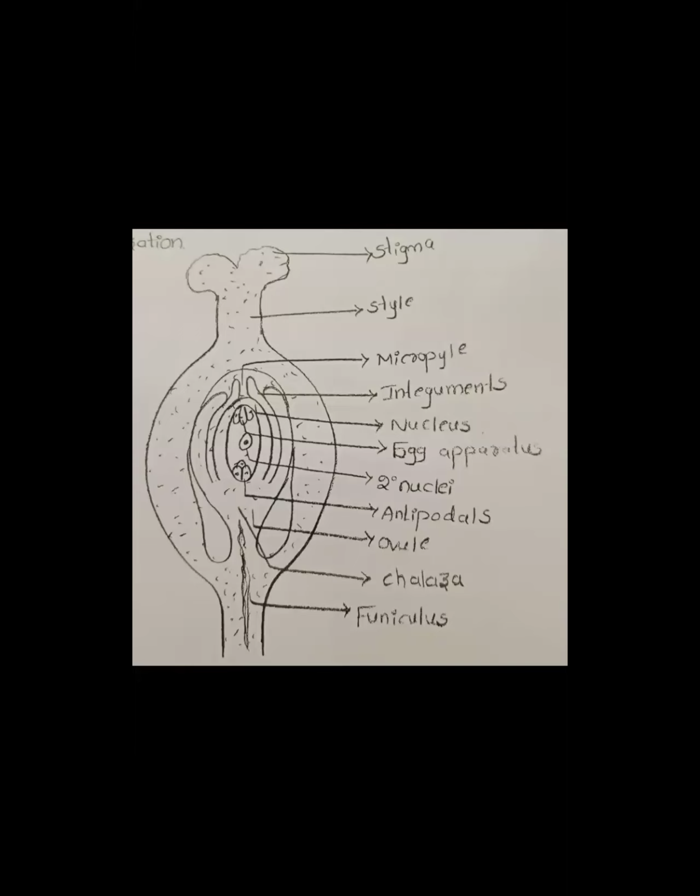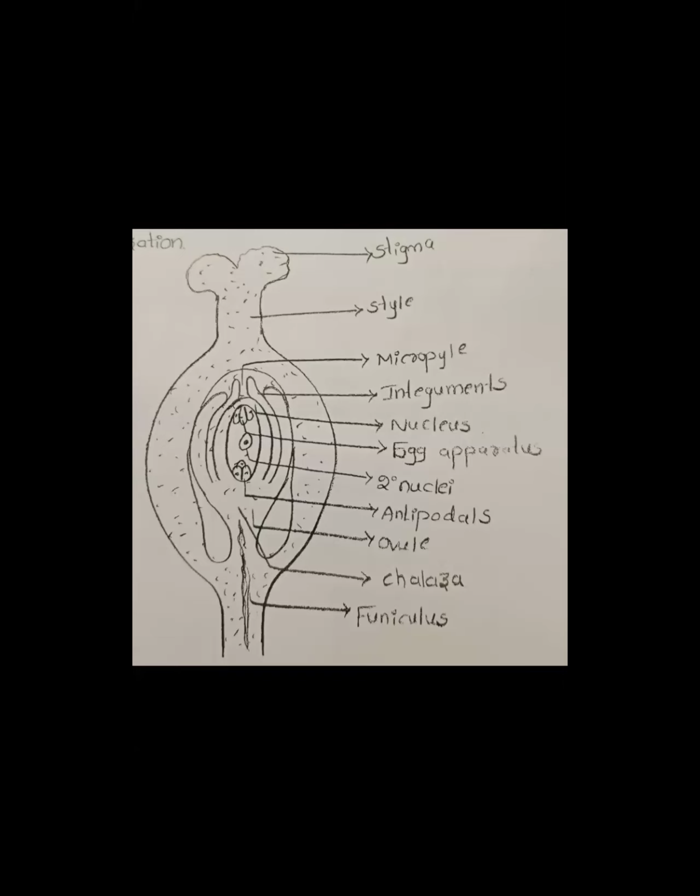Carpels are also called megasporophylls. Typically the carpel consists of three parts. The basal swollen portion is called the ovary, the median elongated part is called the style, and the apical pollen receiving part is known as the stigma.